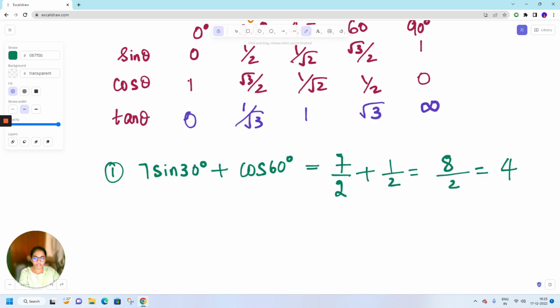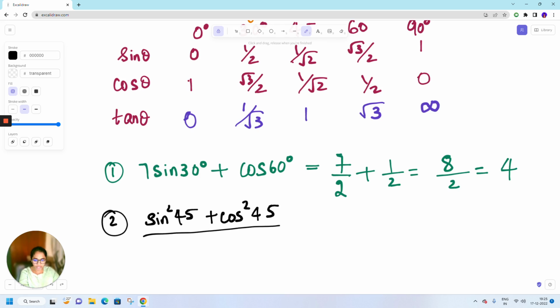Moving on, the second one. Find the value of sine square 45 degree plus cos square 45 degree divided by tan square 60 degree.